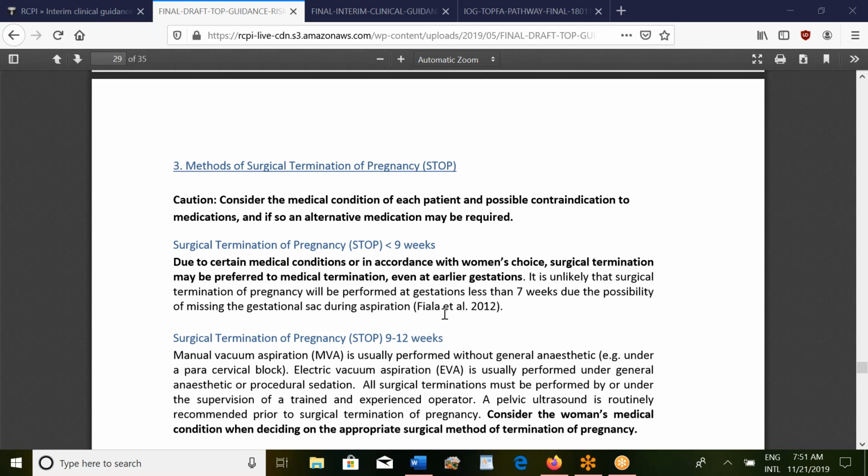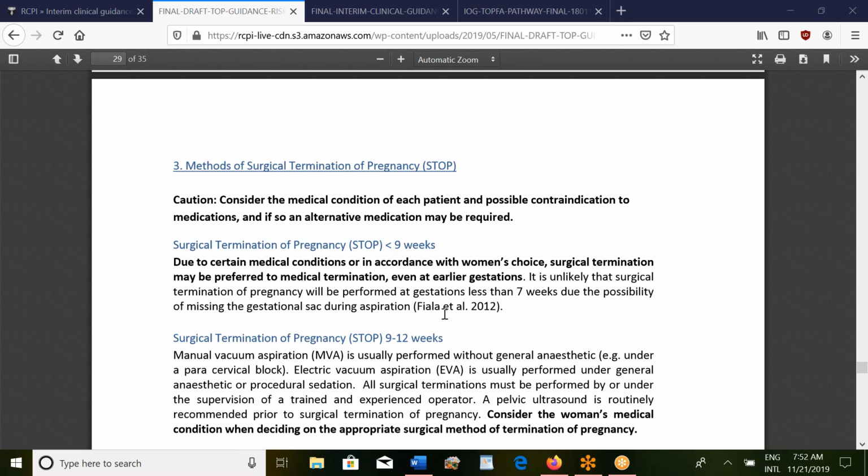Or in conditions like previous anemia or requiring a blood transfusion or any inherited thrombophilia, where you expect the bleeding to be high, or patients who are Jehovah's Witnesses, we can offer them surgical evacuation. It is quick and easy, you can do it according to your time, and products of conception can be seen after the evacuation.